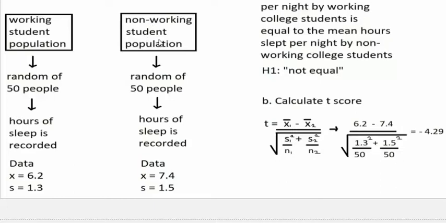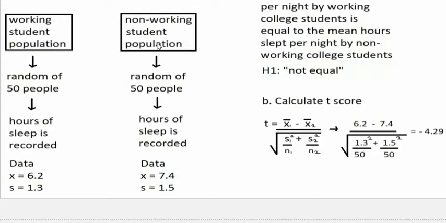So the mean of this population is still a question mark, and the mean of this population is still a question mark, because this mean of 6.2 is just an estimate of the population mean for working, and this 7.4 is just an estimate of the mean for non-working.